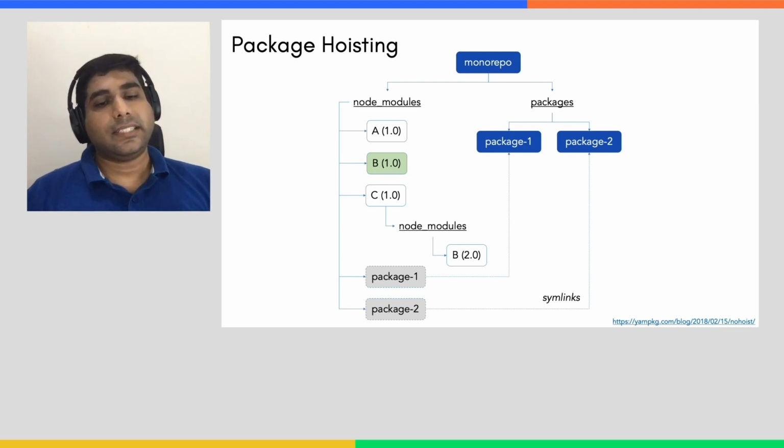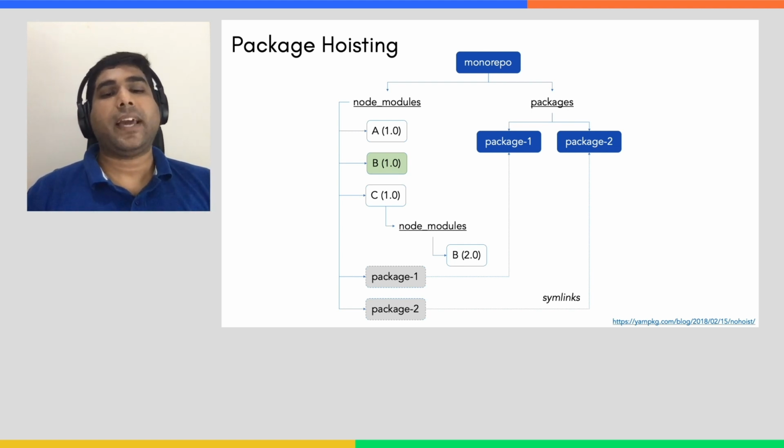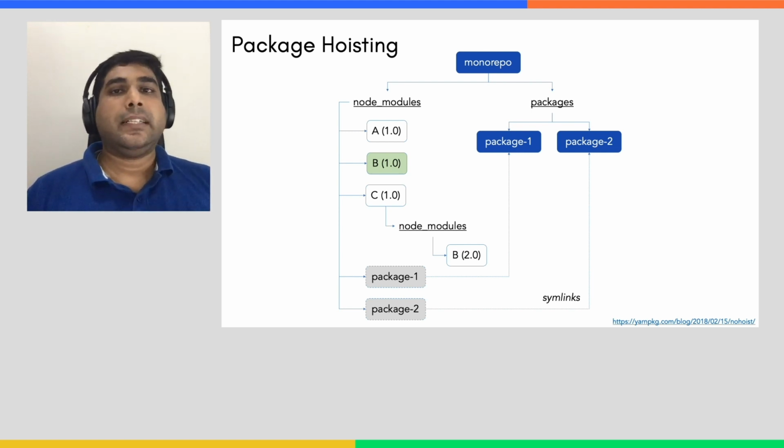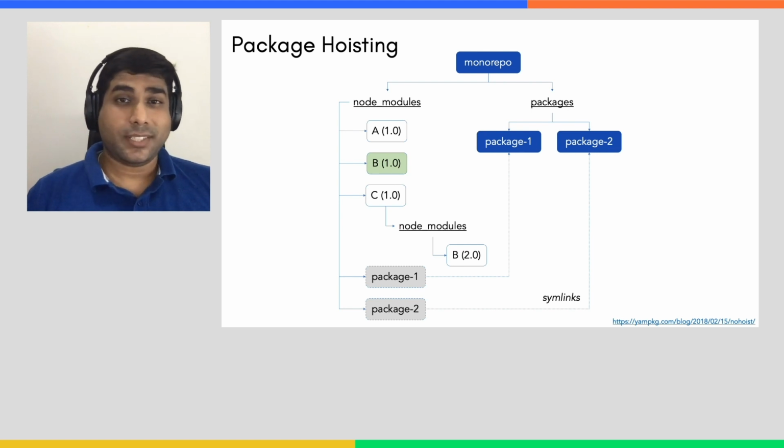Also, you can see that there are symlinks created to package one and two, so that if package three later on takes a dependency on package one, it can still be resolved with the node module resolution algorithm. This concept is called package hoisting.